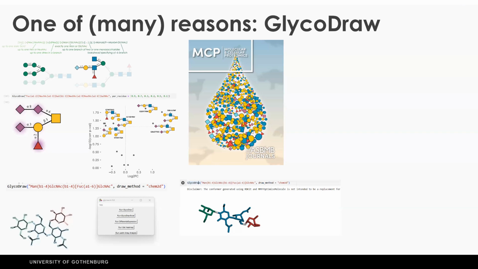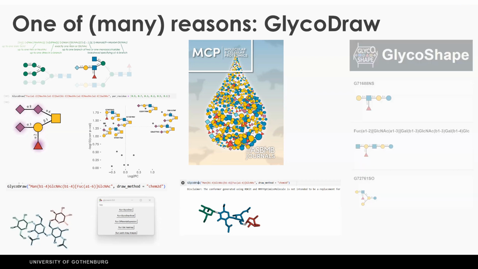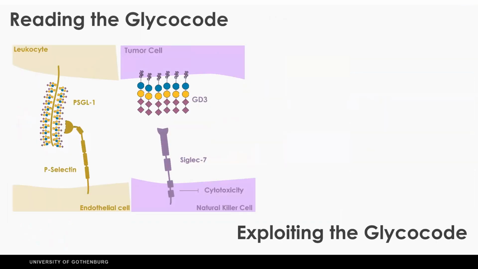So it's very nice to make figures with that if you're particular about how something should look. And very happy to say that GlycoShape, for instance, which I will talk more about later, also uses Glycodraw under the hood to display these nice little cartoons. Hopefully more sources will use that. That will be very satisfying to see.